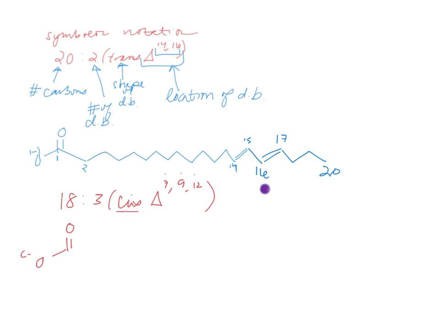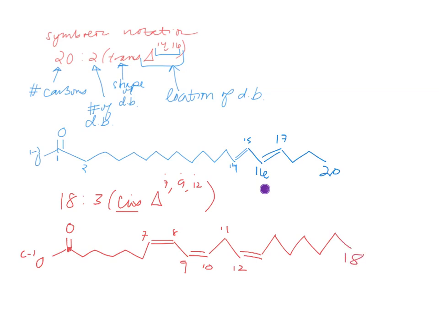So again, COO minus. Carbon number 1 is this one right here. So 1, 2, 3, 4, 5, 6, 7, and 7 has to be cis. That makes this one 8. This is 9 to 10, 11, 12, and 13, 14, 15, 16, 17, 18.